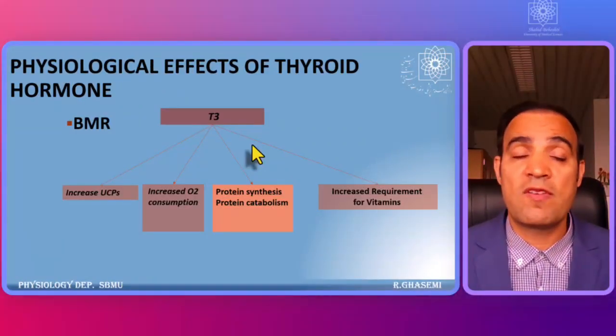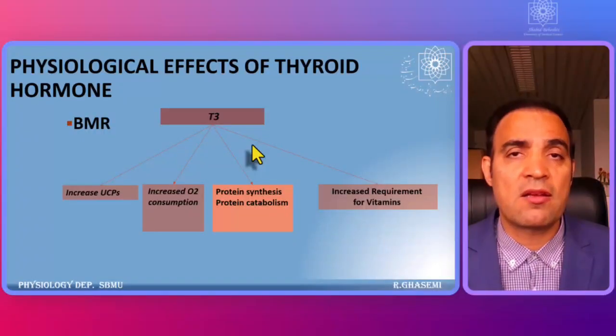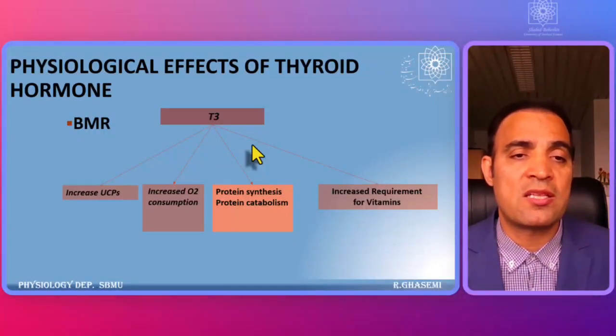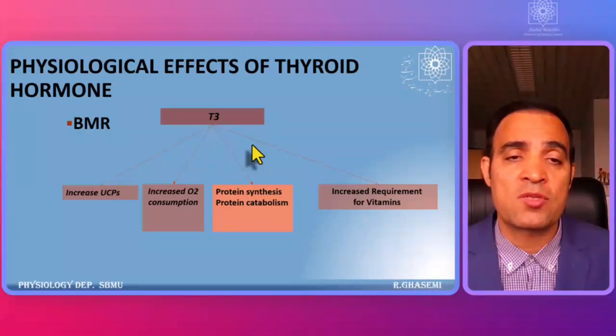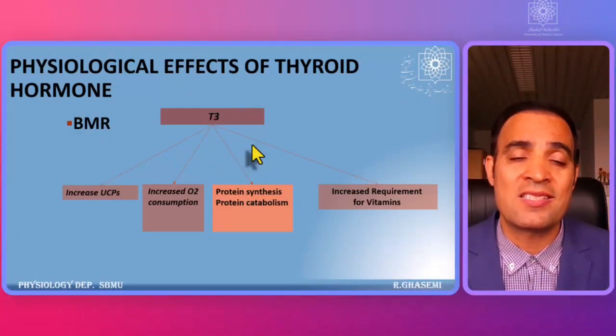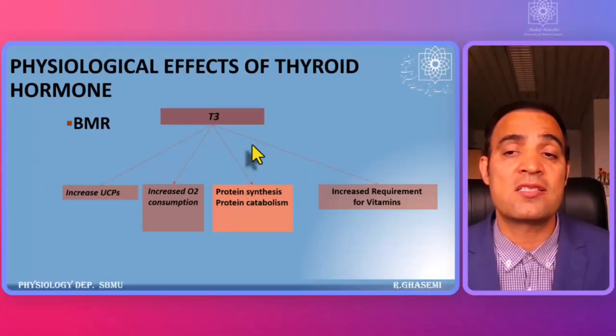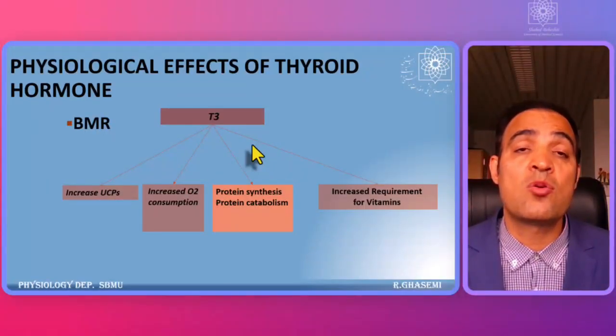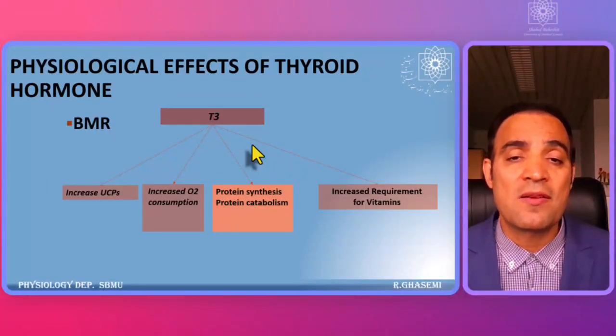When we say that thyroid hormone affects basal metabolic rate, we should know that it increases uncoupling proteins, oxygen consumption, protein synthesis, and the requirement for vitamins.